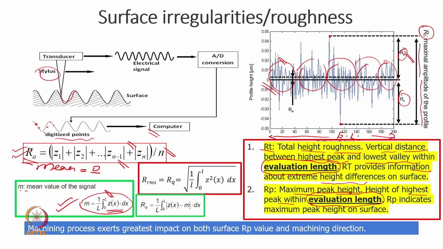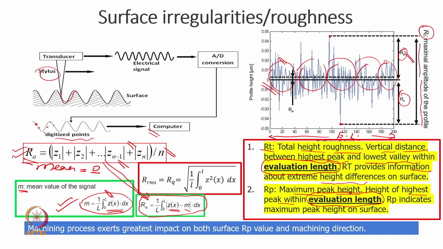Now if we calculate the mean value and it is a finite value, say like 0.201 or 0.02, it's not 0, then instead of this relation, we will use this relation: z amplitude minus mean value, and then we integrate over the sampling length.